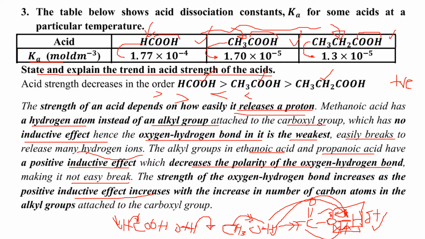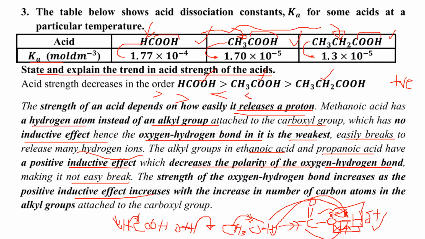That means that propanoic acid has the highest positive inductive effect because it has 3 carbon atoms in its propyl group. The more carbon atoms in the alkyl group, the higher the positive inductive effect. And the higher the positive inductive effect, the stronger the oxygen to hydrogen bond and the weaker that acid is.